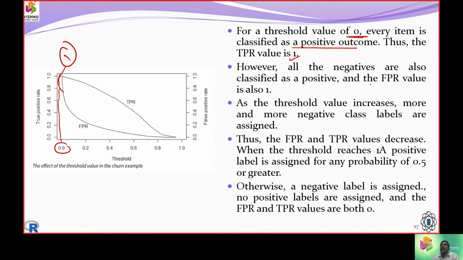All the negatives are classified as positive, and the false positive value is also 0. For both TPR and FPR, the values are either positive or negative, and both start high at the topmost corner.